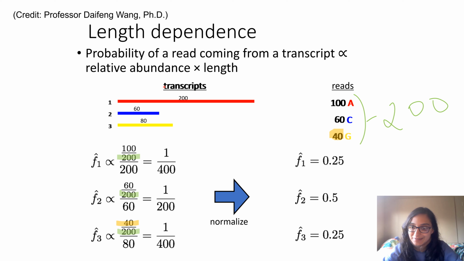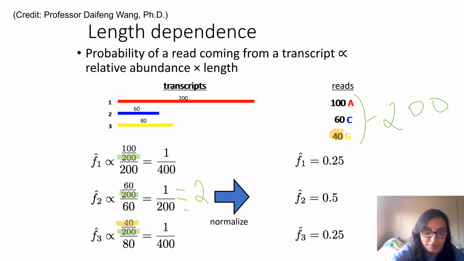So we get these values, and these are the relative abundances of transcripts 1, 2, and 3, but we need them to sum up to 1, because they have to add to 1. So we're going to just normalize these so that we scale them up. And what you'll notice is that effectively this is the same thing as 2 out of 400.